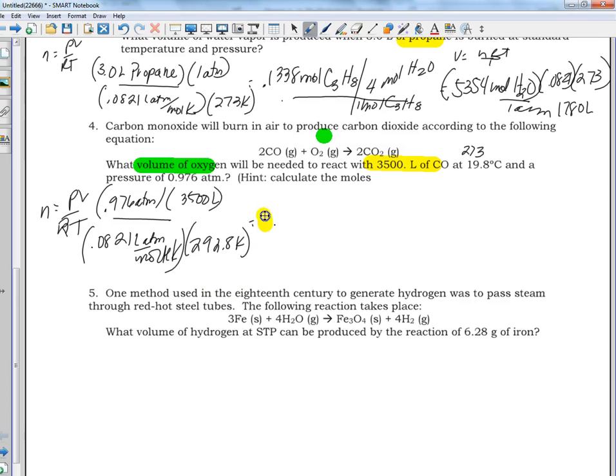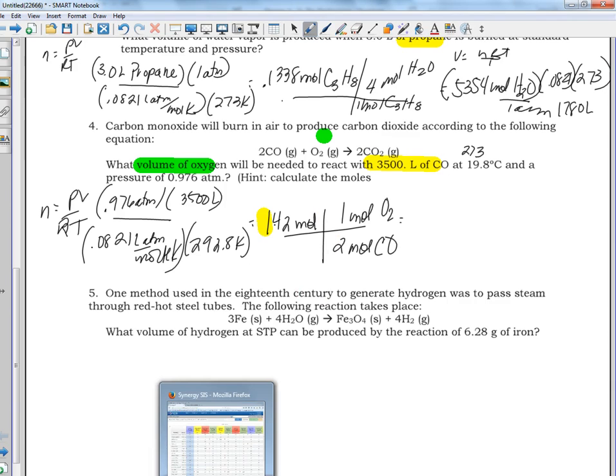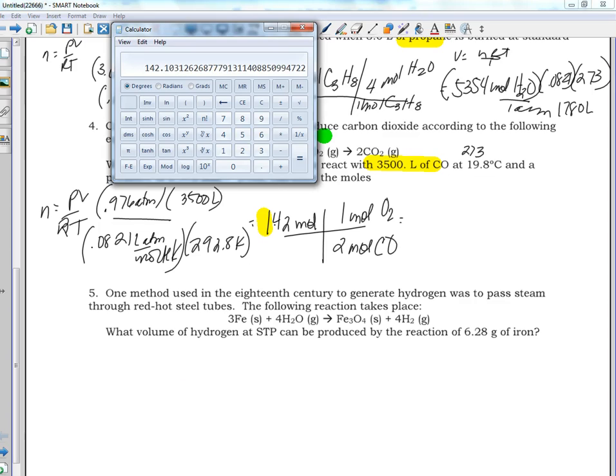That's a lot. 142 moles. Our ratio of carbon monoxide to oxygen is 2:1. 2 moles of CO to 1 mole of O2. 142 divided by 2 gives us 71 moles of oxygen.